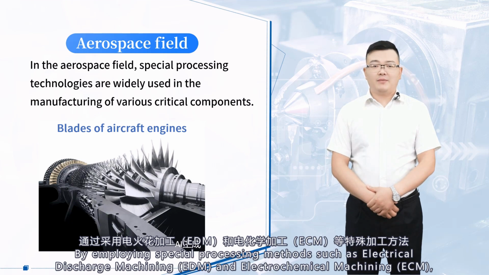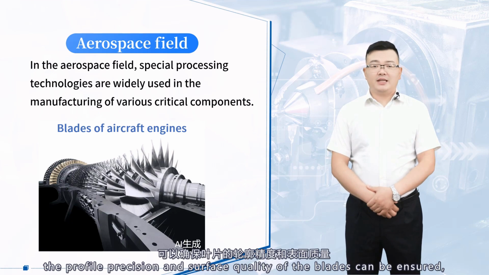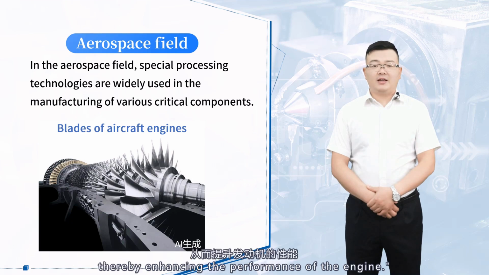By employing special processing methods such as electrical discharge machining (EDM) and electrochemical machining (ECM), the profile, precision, and the surface quality of the blades can be ensured, thereby enhancing the performance of the engine.